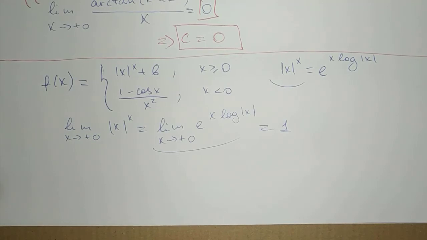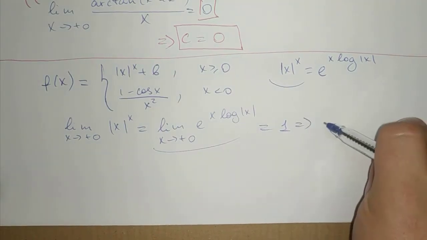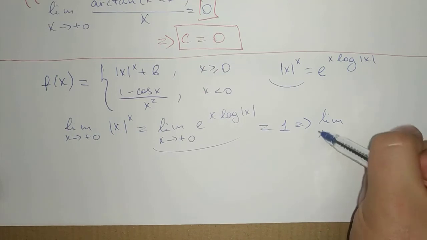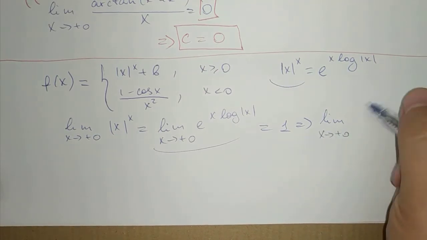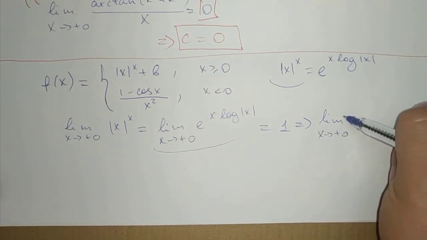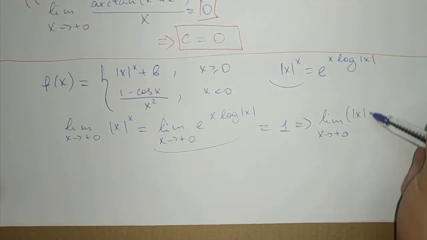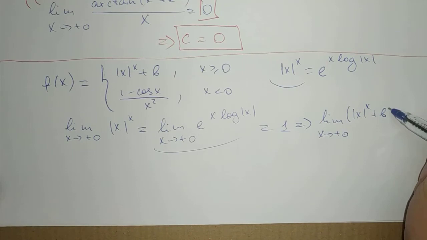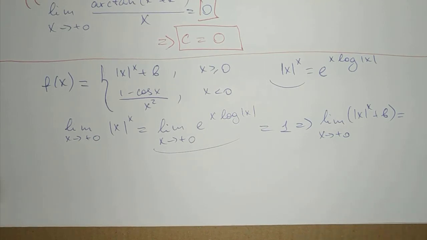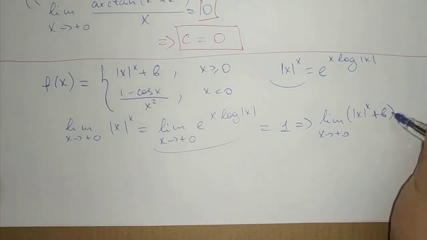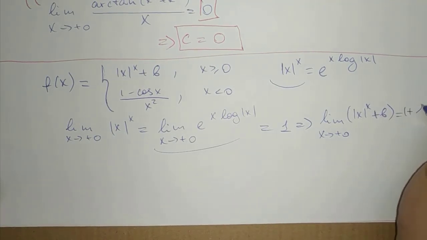It means, hence, the limit as x tends to plus 0 of the first function tends to 1 plus b. Using the property of limits, the limit of a sum is the sum of limits: 1 plus b.